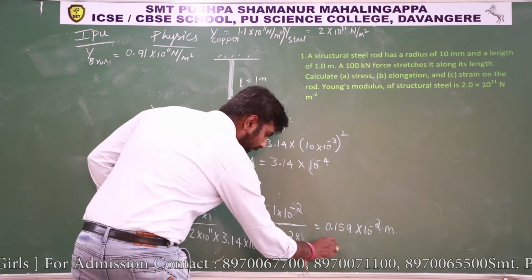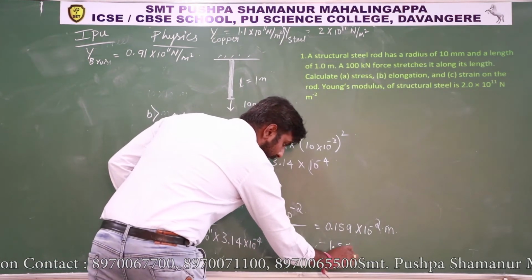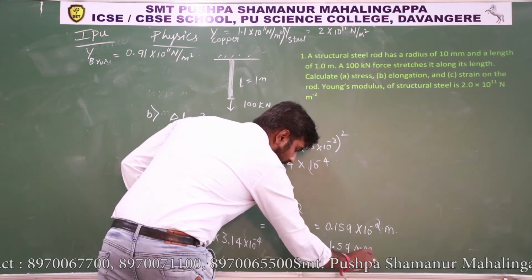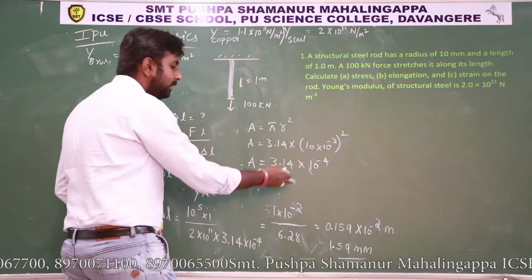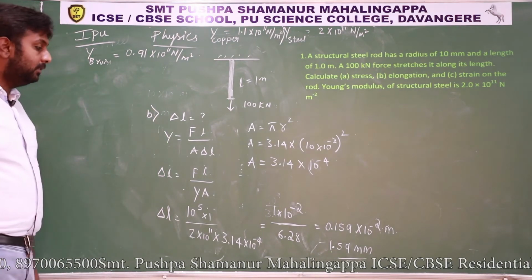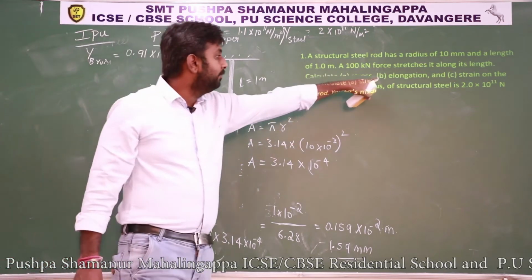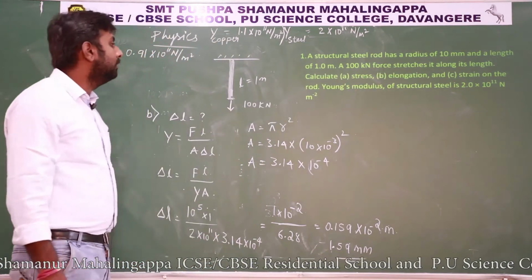That means you can also write 1.59 millimeter. If you shift one digit, that will become 10 to the power minus 3. The change in length is 1.59 millimeter, that is elongation.